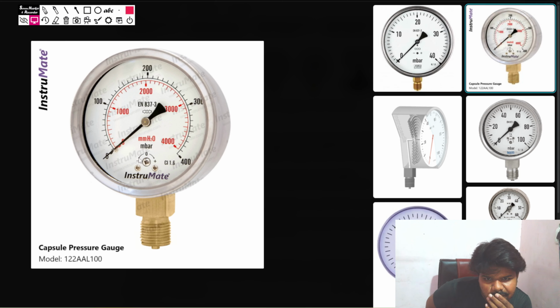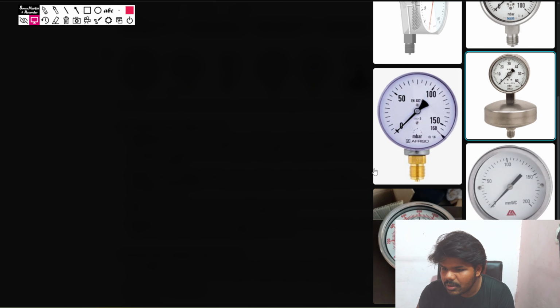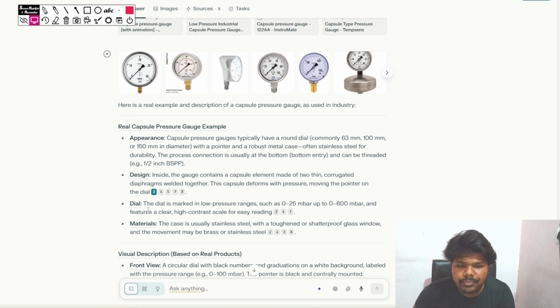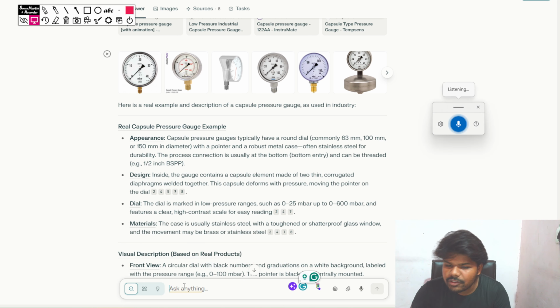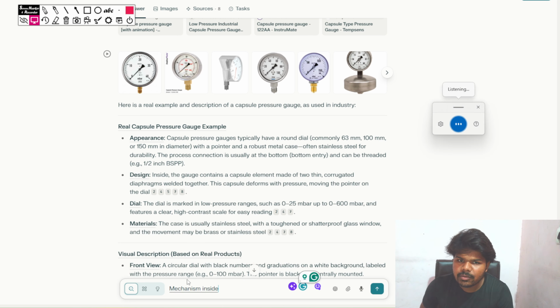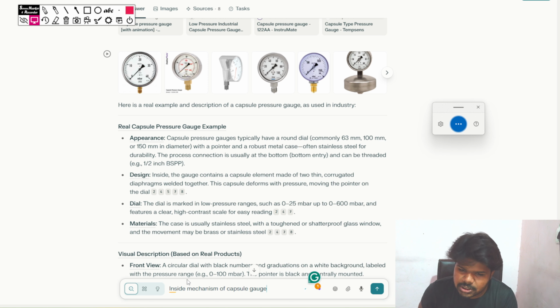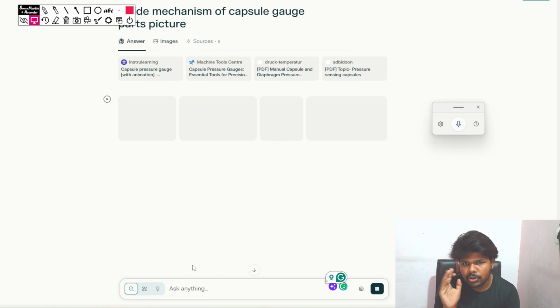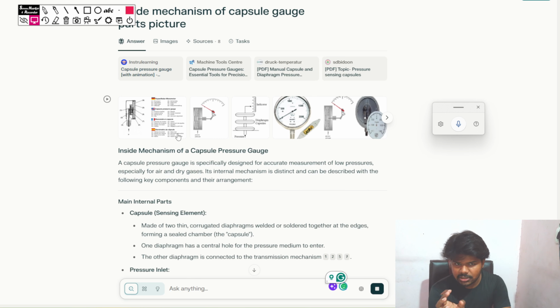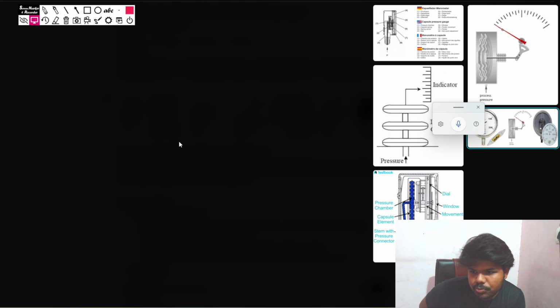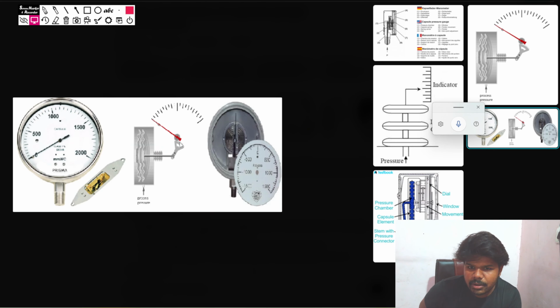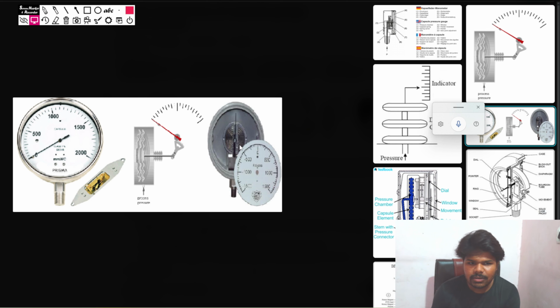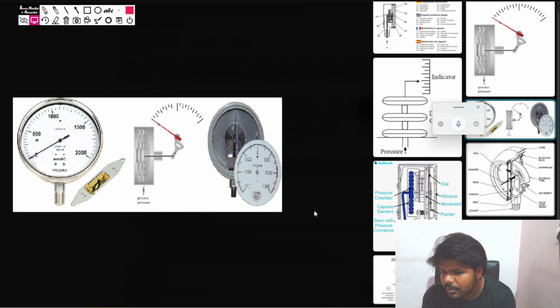Inside, you can see this gauge, and we have to understand the inside mechanism of the capsule gauge, the parts picture. I am explaining deeply, but a little physical touch is very important, to teach children you have to explain the inside too, understand? I hope this inspires you. The system inside is like this.